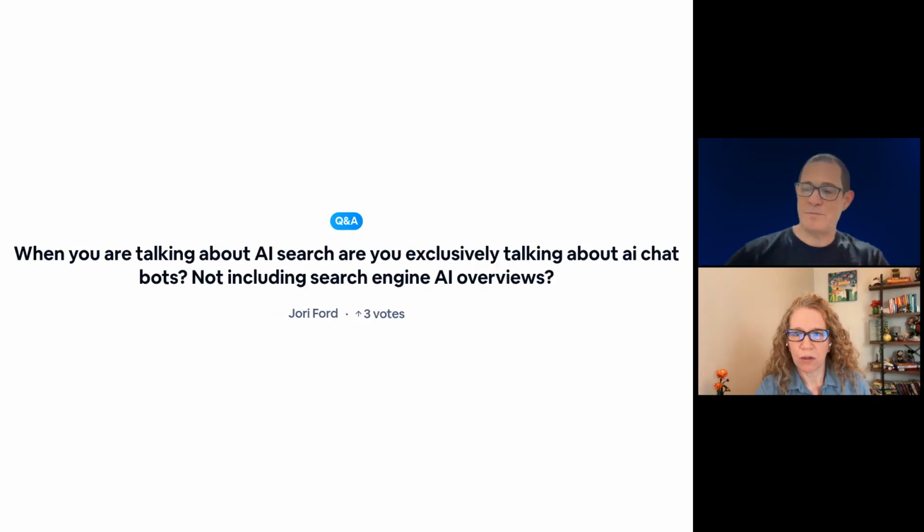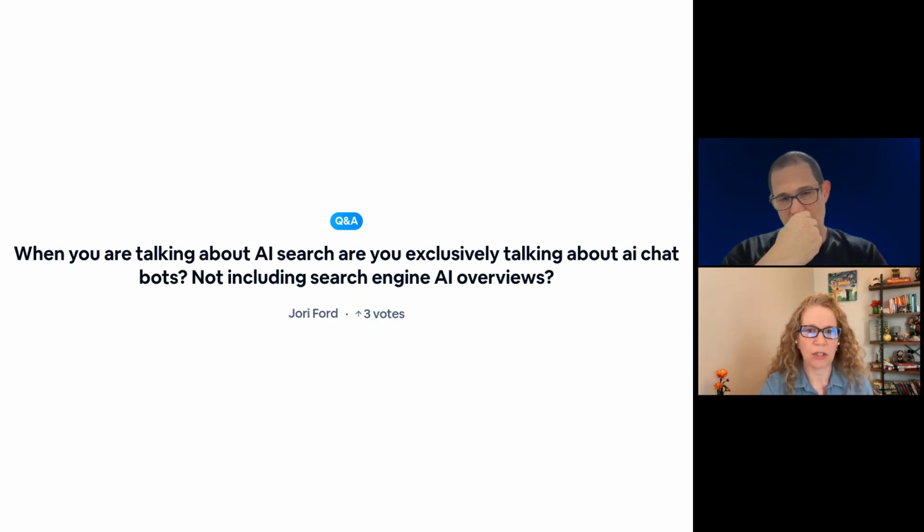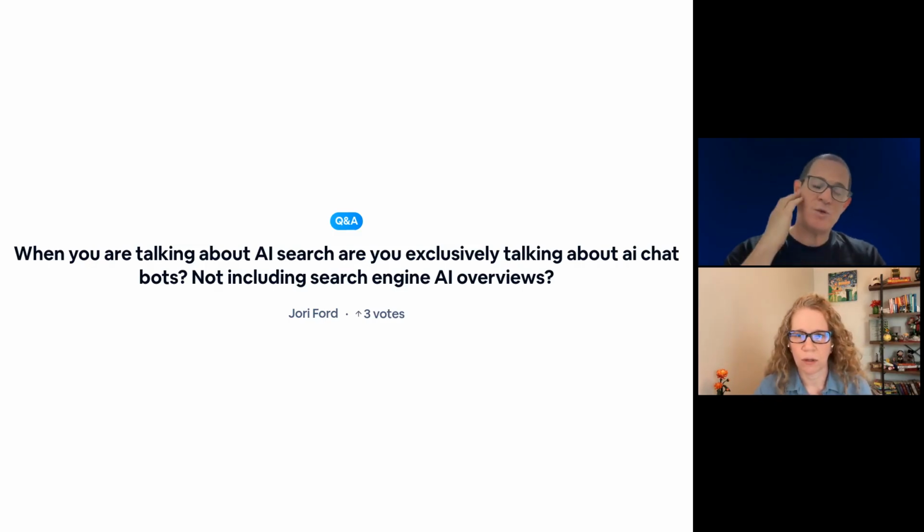So Jory is asking, when you are talking about AI search, are you exclusively talking about chatbots or not including search engine AI overviews? So I'm actually talking about both. If you look at something like Perplexity, that's primarily search.